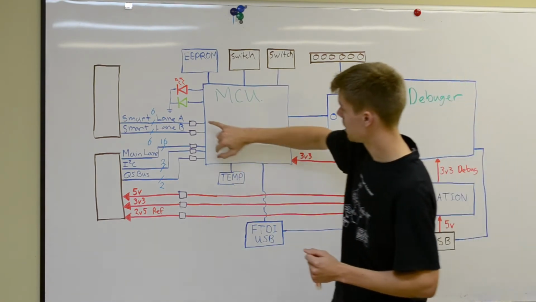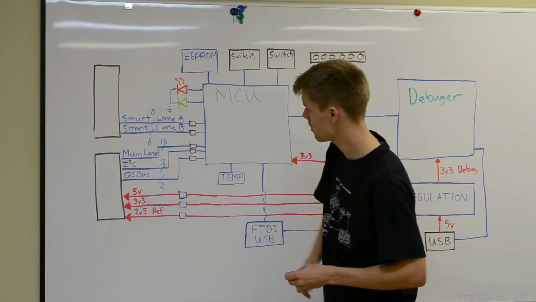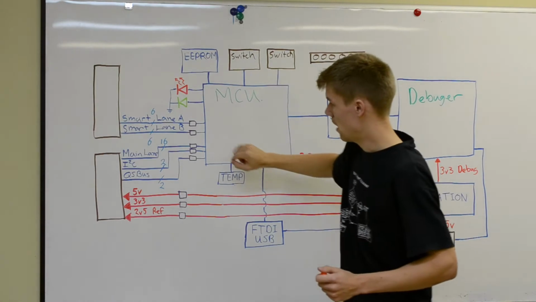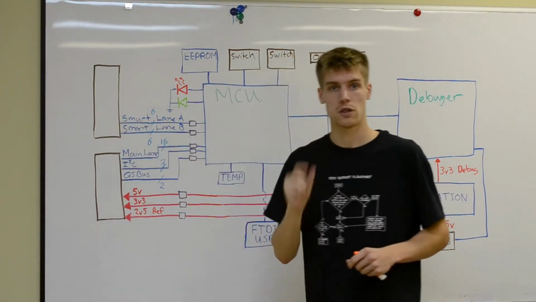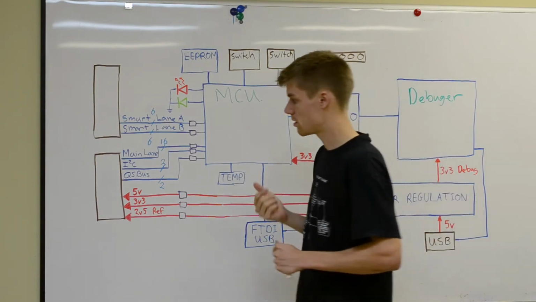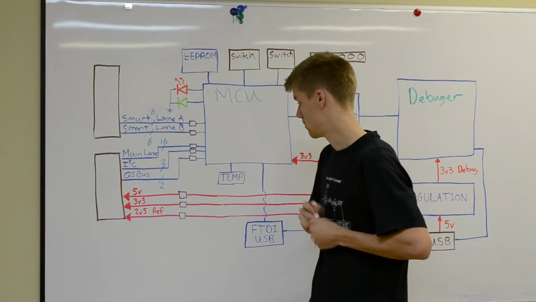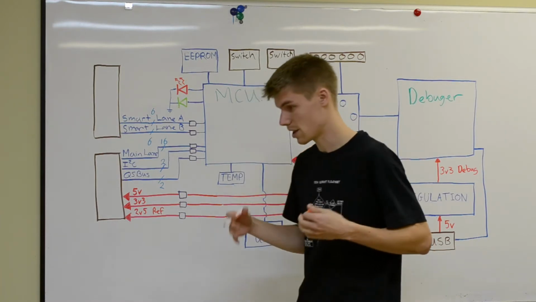You'll notice that here I drew a whole bunch of little purple boxes. What we actually do is, from the MCU, on every single line that goes through the QuickStack header, we have a small filter. What this does is it just takes the edge off of the signal and reduces ringing.